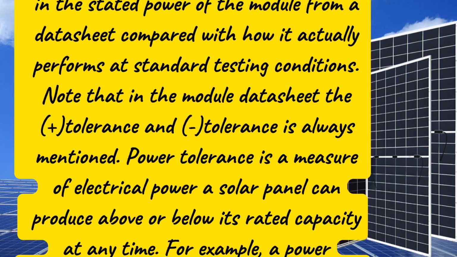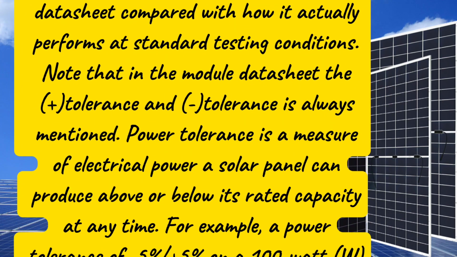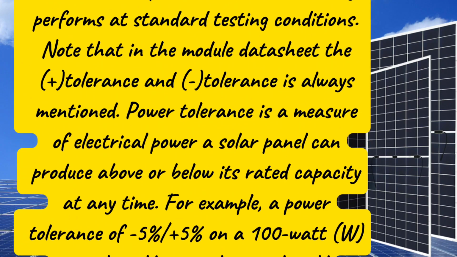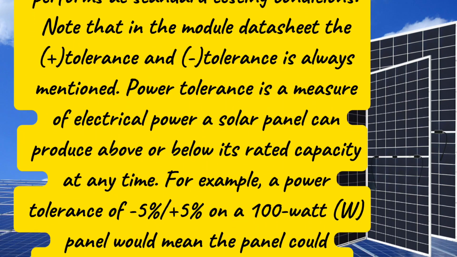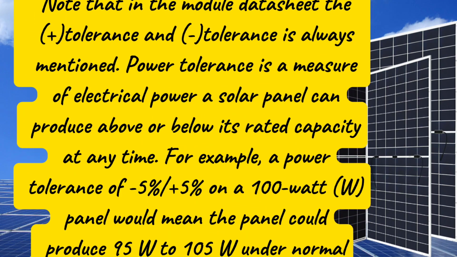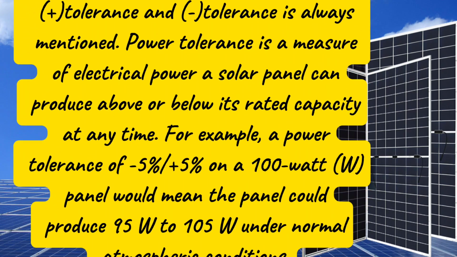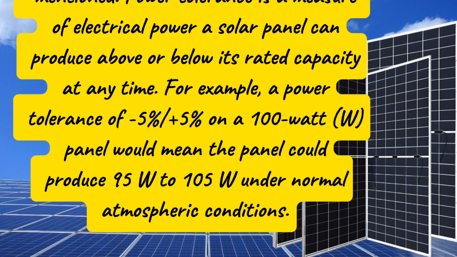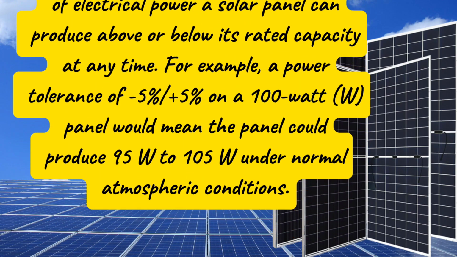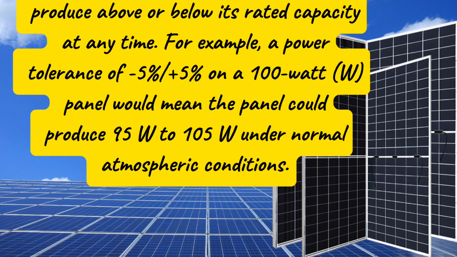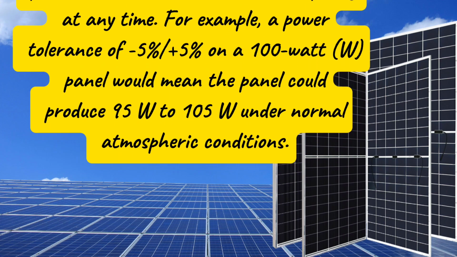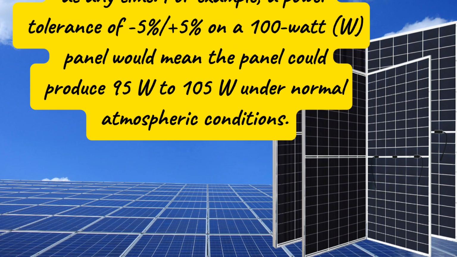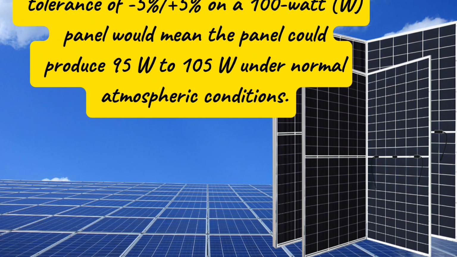Power tolerance is a measure of electrical power a solar panel can produce above or below its rated capacity at any time. For example, a power tolerance of negative 5% to positive 5% on a 100-watt panel would mean the panel could produce 95 watts to 105 watts under normal atmospheric conditions.